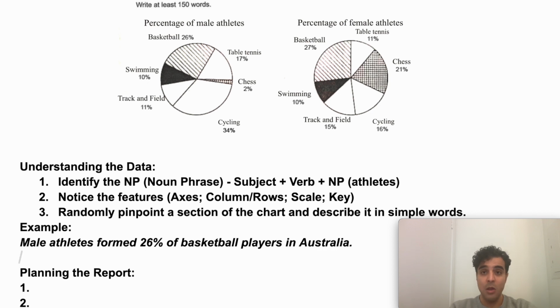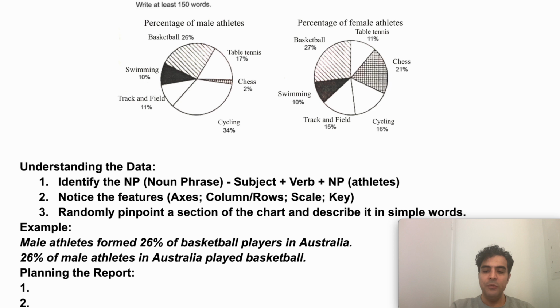Okay, so this is option one, me describing this part of the pie chart in my own words. In the second instance, I'm going to put it a little bit differently. I'm going to say, 26% of male athletes in Australia played basketball.